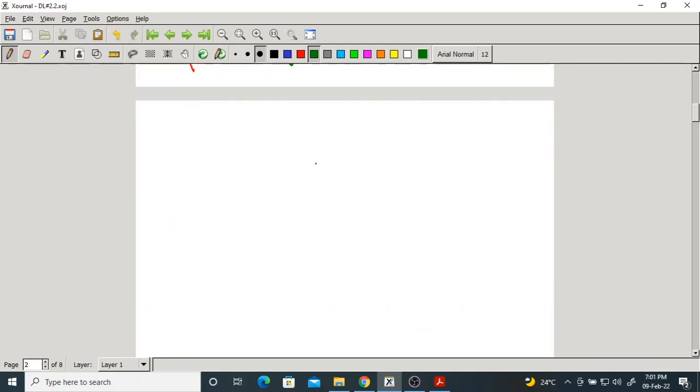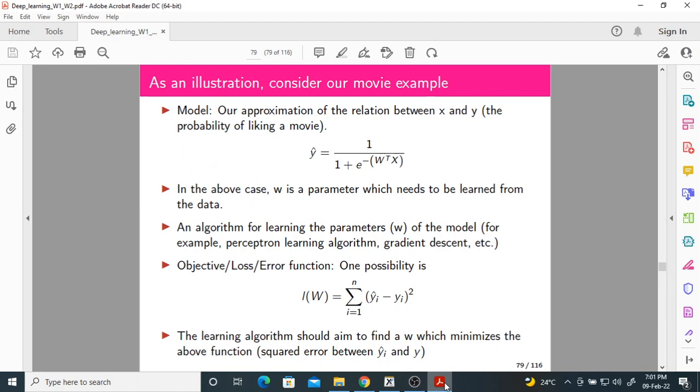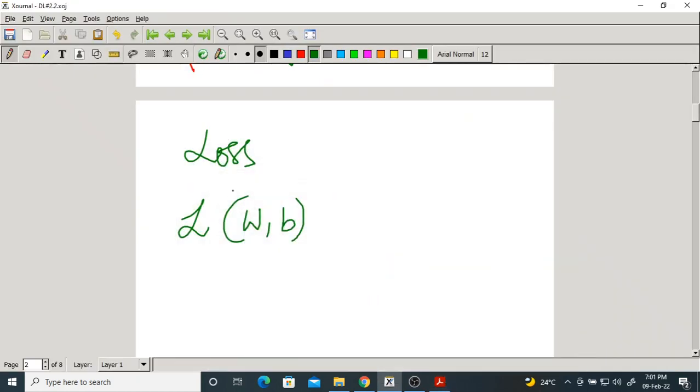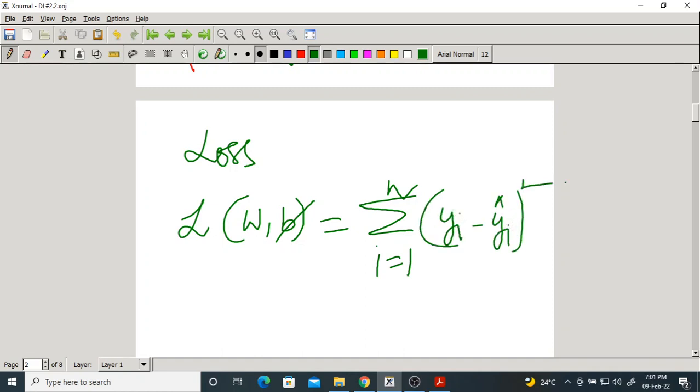Loss function or error function or objective function. So loss depends upon w and b. I will tell you what is b. Okay, so for the time being we are writing only w, no problem. So what is that? It is the square error, i equal to 1 to n, yi minus yi cap whole square.